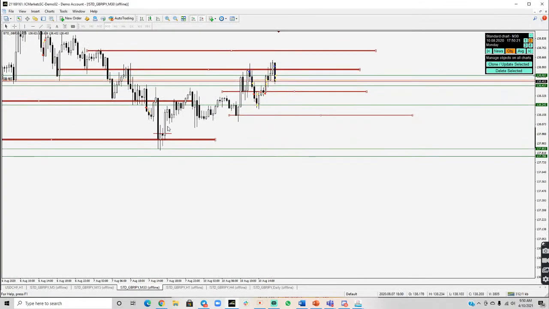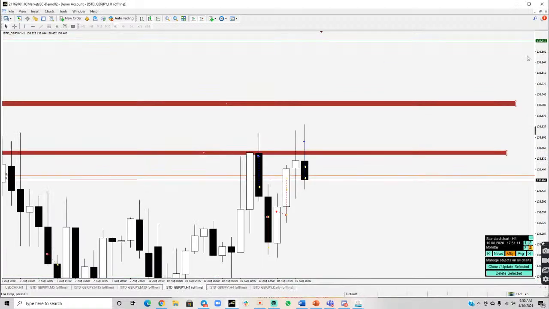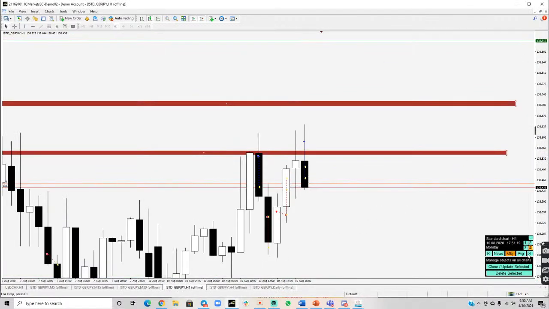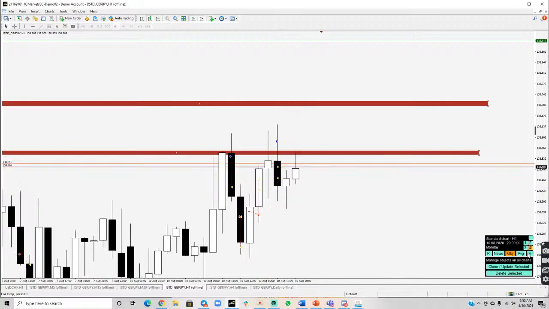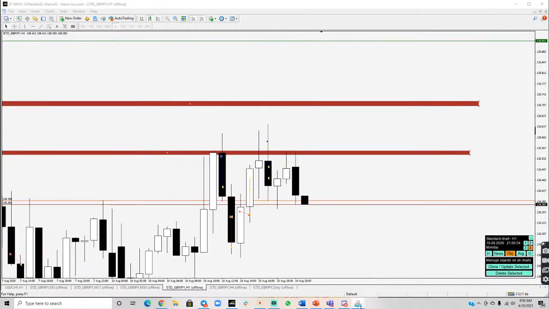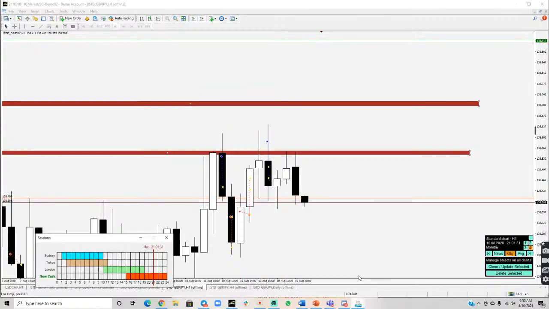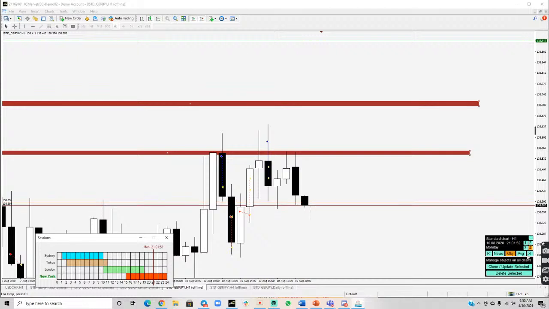So I'm not really liking this current market structure very much. I'm gonna move on to the next session to see how the market actually prints price.